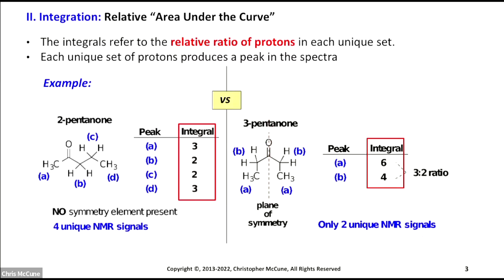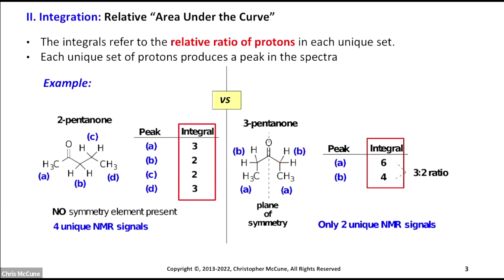You can convince yourself of that by doing a replacement test. I'm telling you there's 2 signals. Okay, so I've labeled each peak A. There's 6 hydrogens total for the peak that's giving rise because of those. And there's 4 hydrogens responsible for peak B.